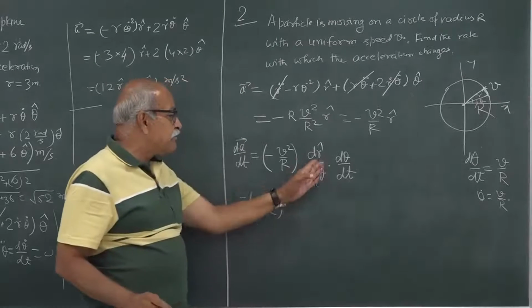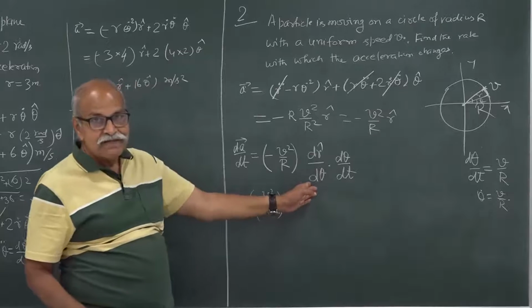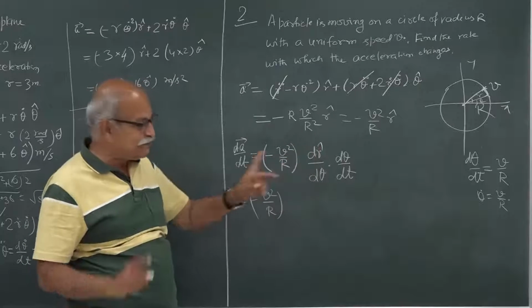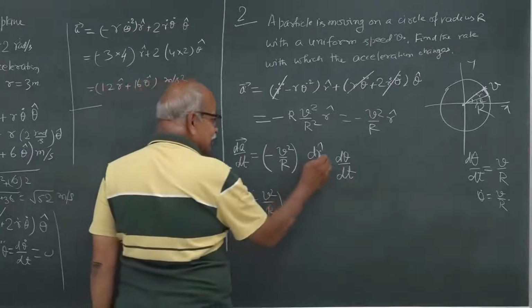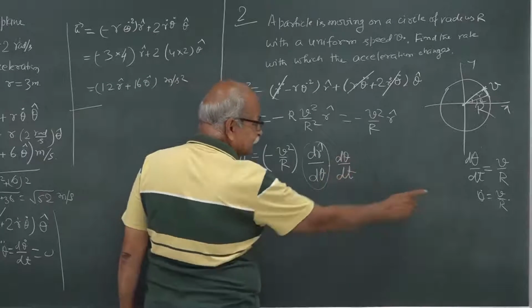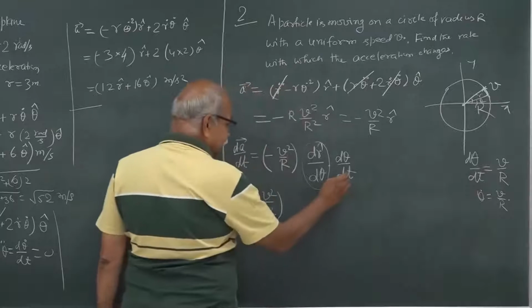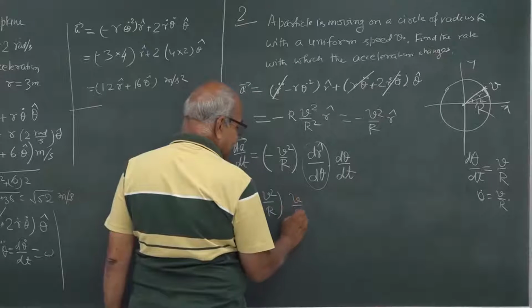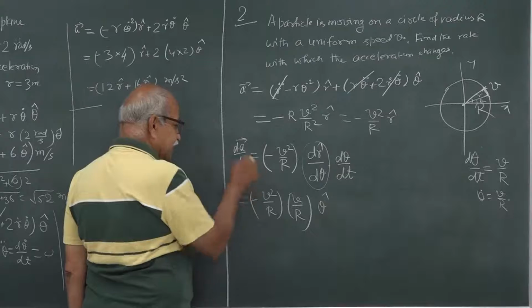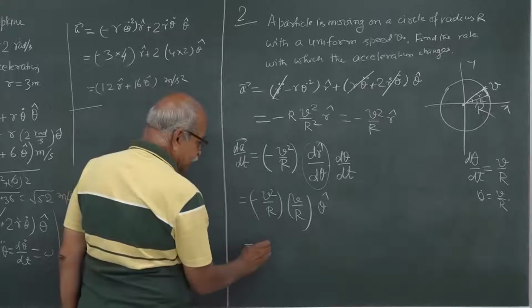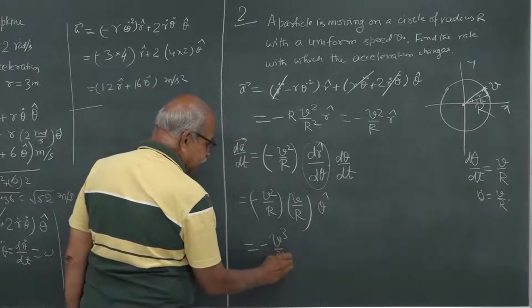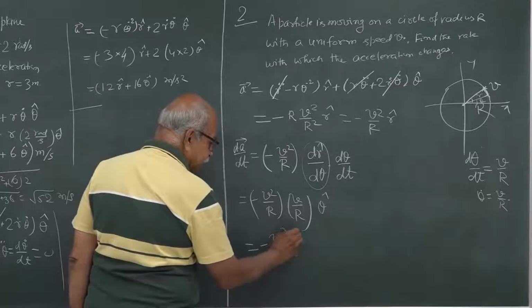And what is dr cap d theta? Dr cap d theta is theta cap. Okay, we must have done it. And d theta dt is v by r. So, this rate of change of acceleration is minus v cube by r square, theta cap.